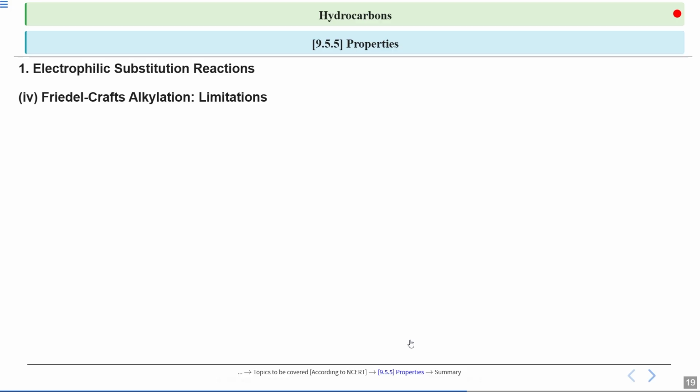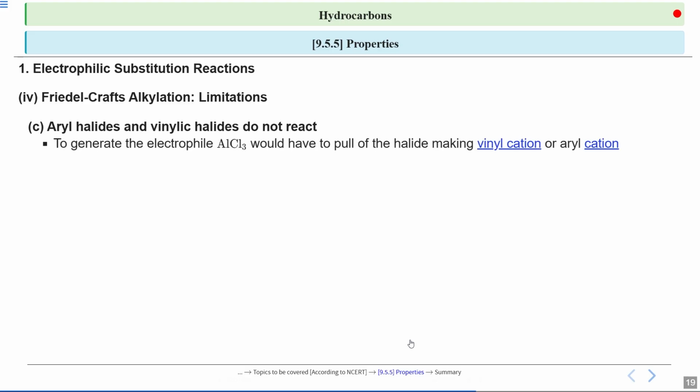Now moving on further, the next limitation is that aryl halides and vinyl halides do not react. To generate the electrophile, AlCl3 would have to pull off the halide, making a vinyl cation or aryl cation. Aryl and vinyl cations are extremely unstable.